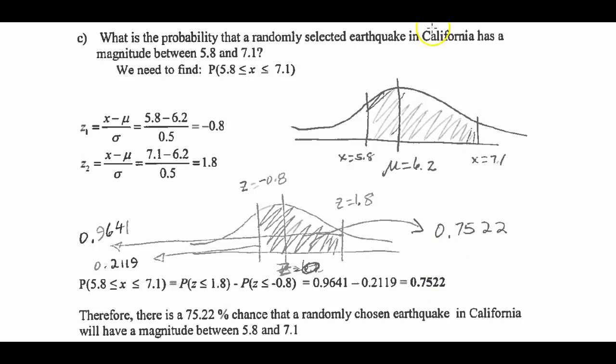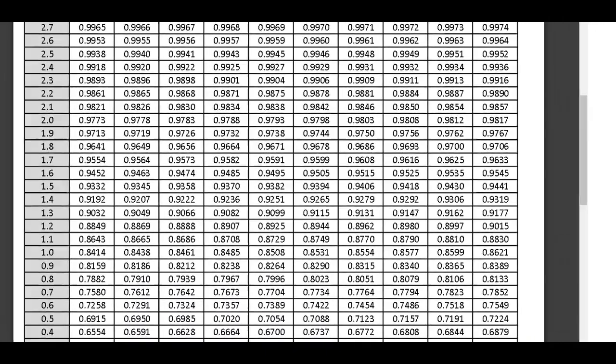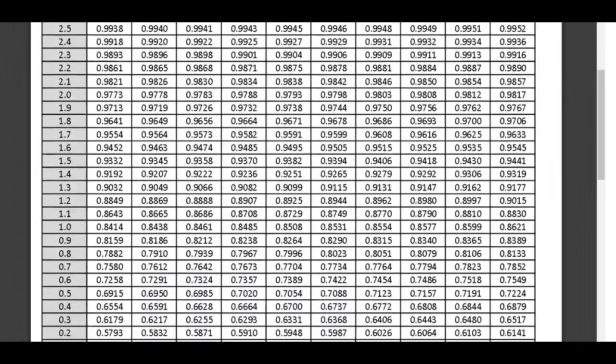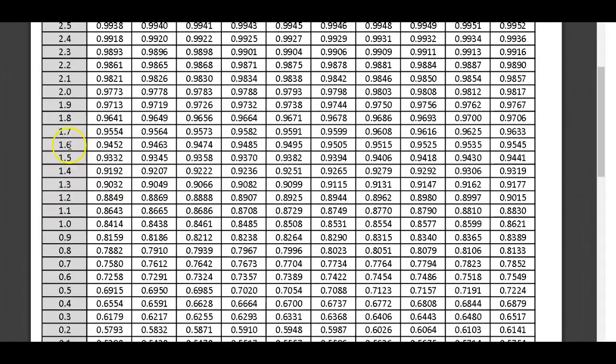All right, let's go to the table in our course notes and have a look. I'm looking for a z-score of 1.8, and here I've got part of our table. Here's 1.80, right there, and there's my 0.9641, so all the area to the left of 1.80 is 0.9641.